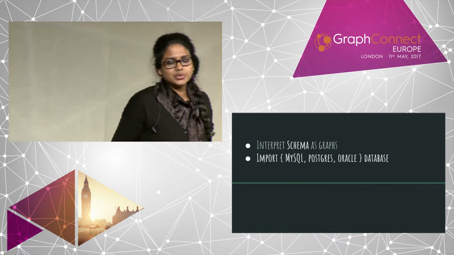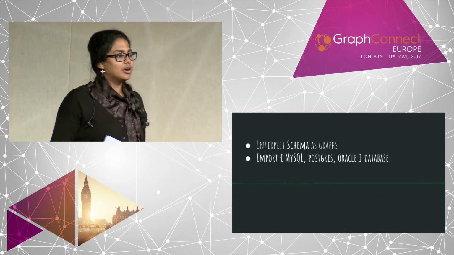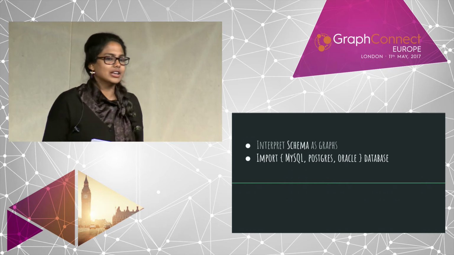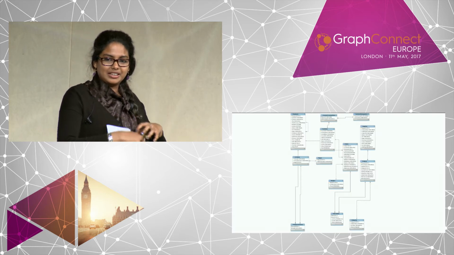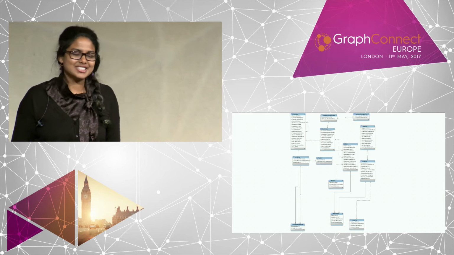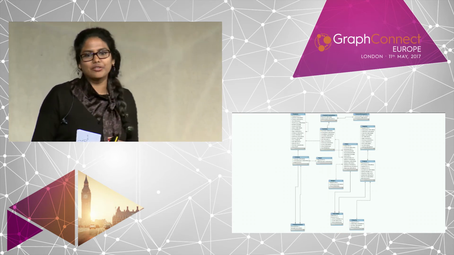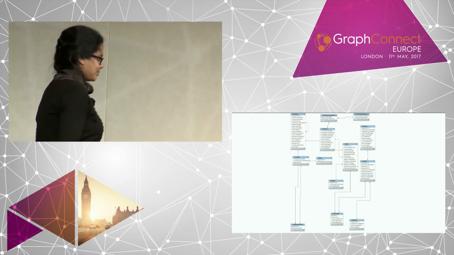Currently, we have tested it with MySQL, Postgres, and Oracle. So if you have one of these databases and you want to look at how your ER diagram would look in a graph database, you could download Neo4j ETL and have a look at it. And if you do find bugs, please let us know.